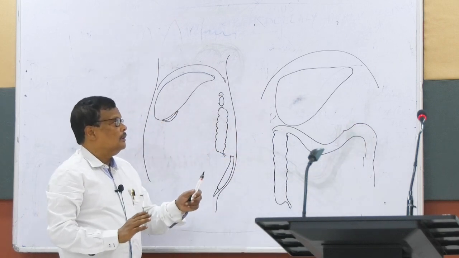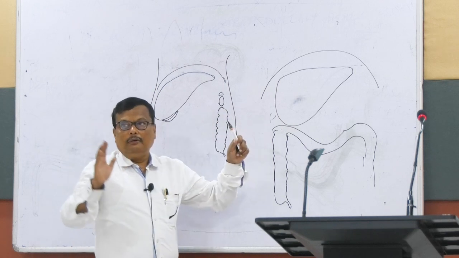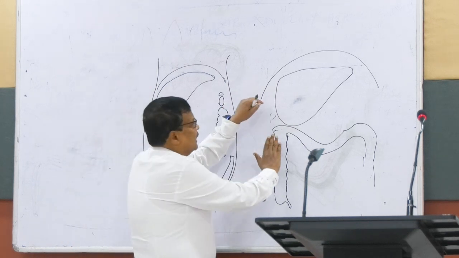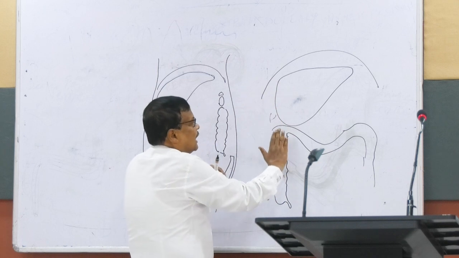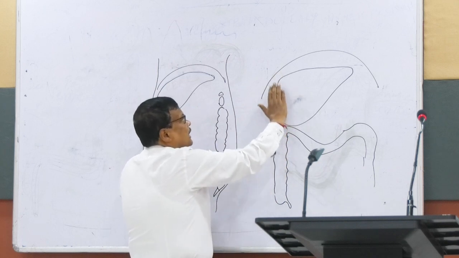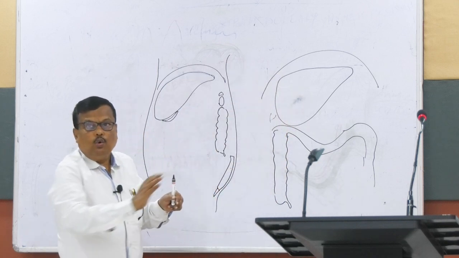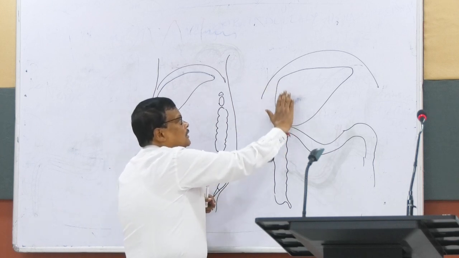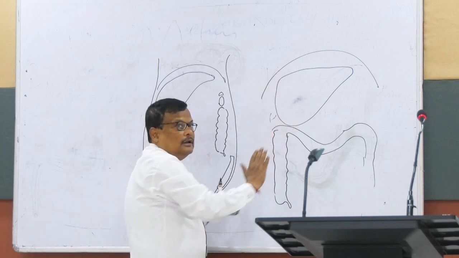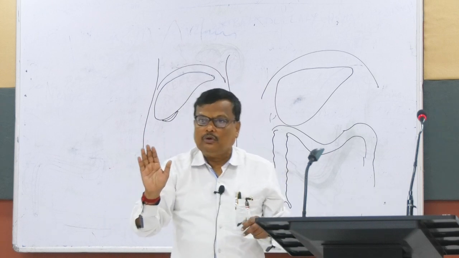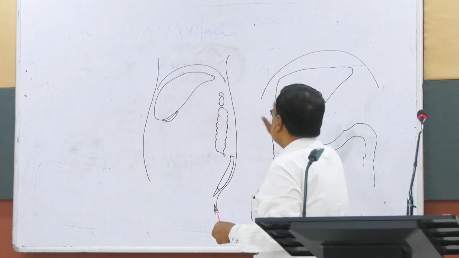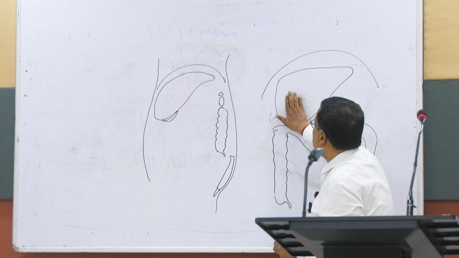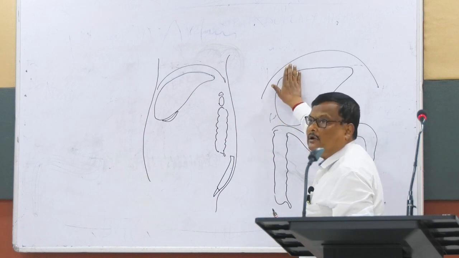Now you can insinuate your hand, that is, we can put the hand in like this, near the diaphragm, over the anterior surface of the liver. The liver is lying in the body, we insert the hand here, and we can reach more or less.